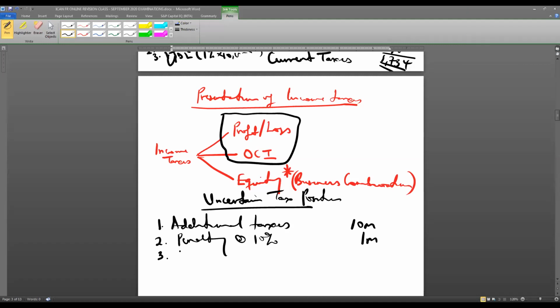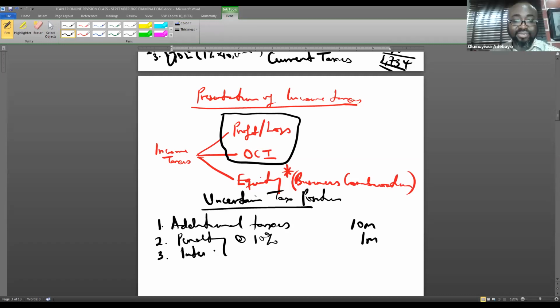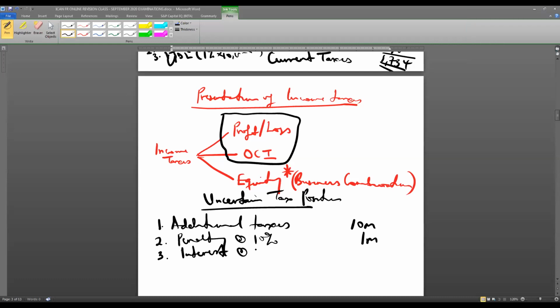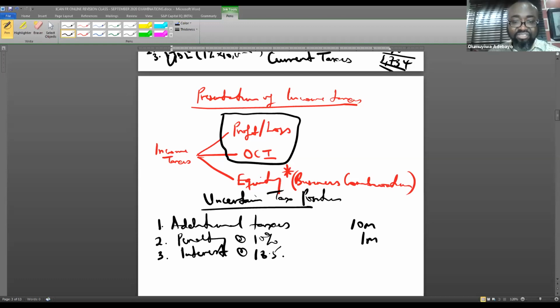Interest goes for about 18.5%, which is the MPR of 13.5% plus 5%. Let's now say that comes to about 1.9 million, which means the demand notice by FIRS to you will be how much?